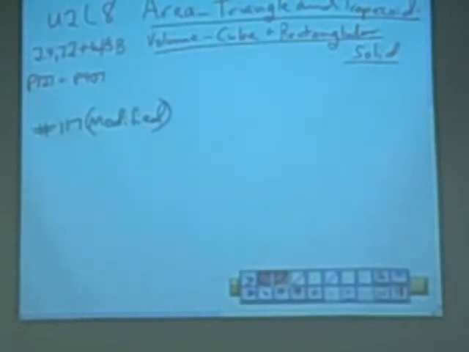A sail is the shape of a triangle with a base, and I changed that to 14 meters. So here's our sail. Our base is 14 meters. And when we say base, basically we say it's like the bottom of the triangle. Okay, and then here we have a height.